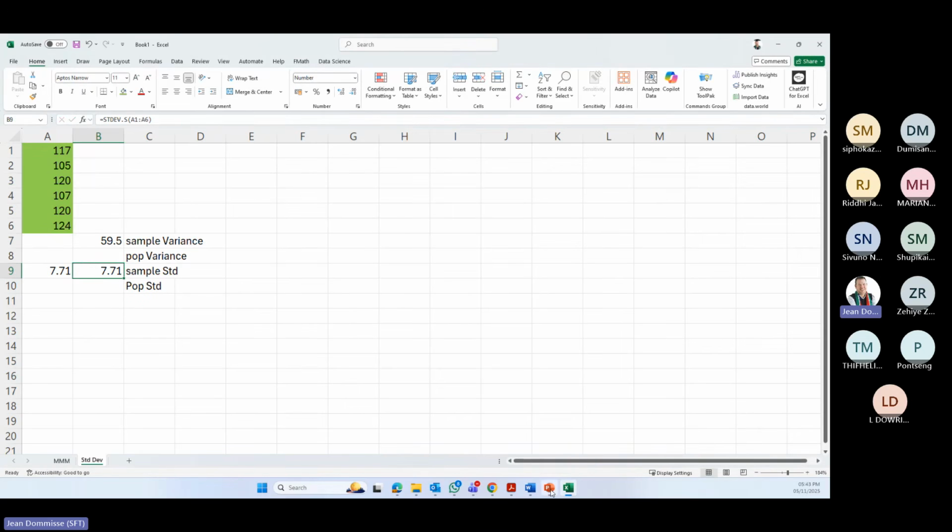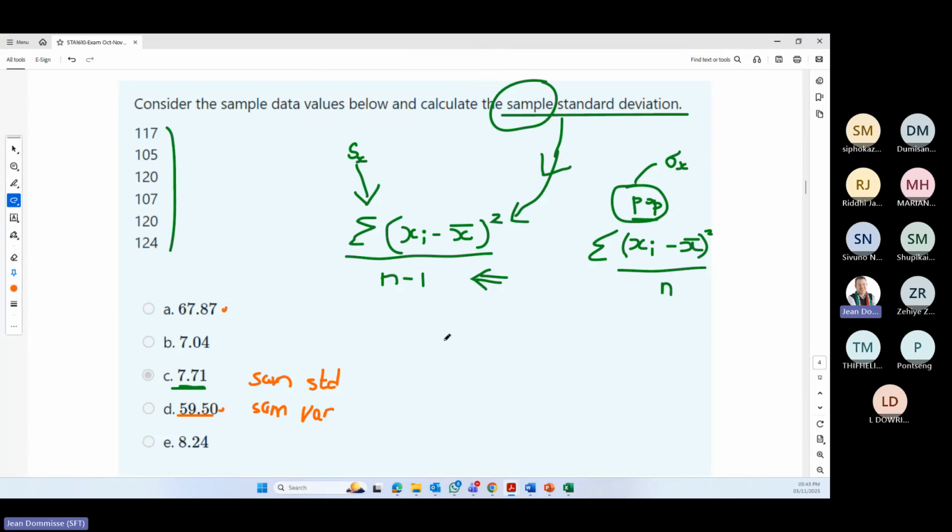The difference between the sample and population is in the formula. Your sample is where you have the sum of those, where you divide by n minus 1.